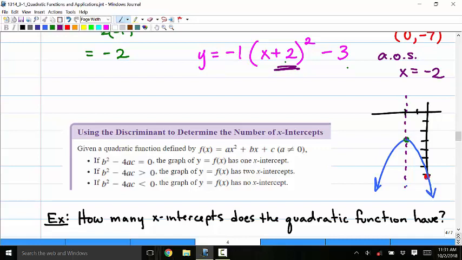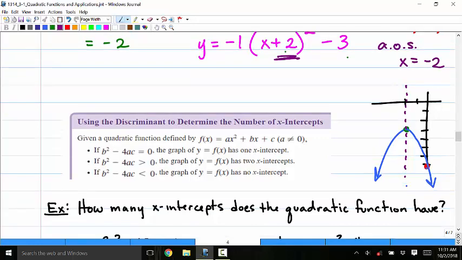How many x-intercepts are there? 0. None. It opens down and the vertex is below the x-axis, right? There's not going to be any x-intercepts. So here's the next question. How can you, by just looking at the equation, tell if there are going to be any x-intercepts or not?